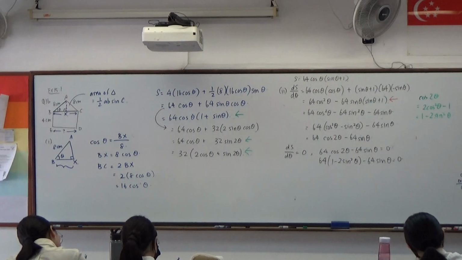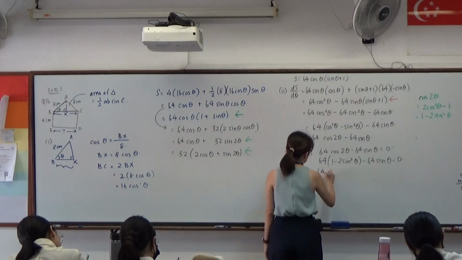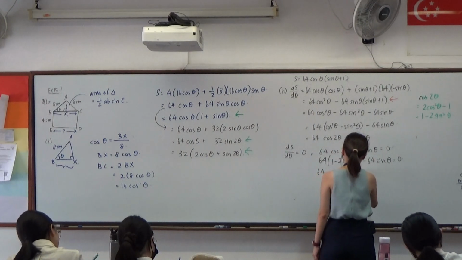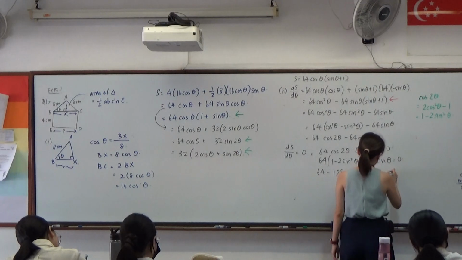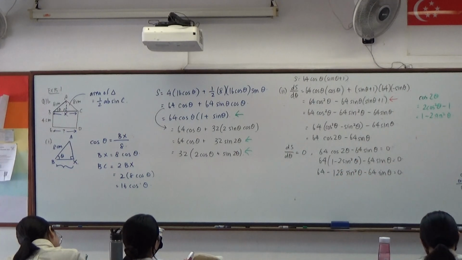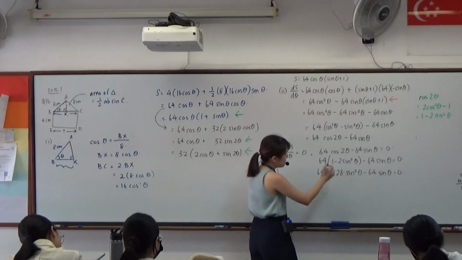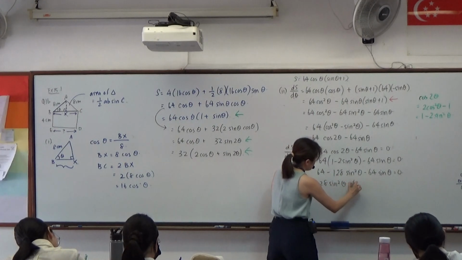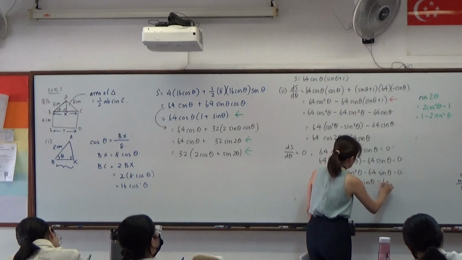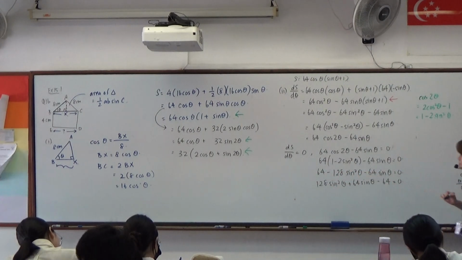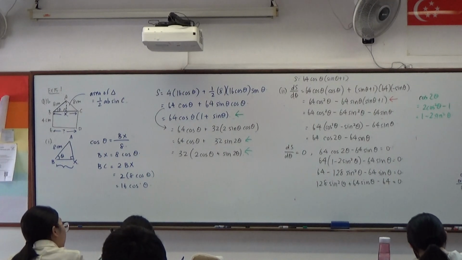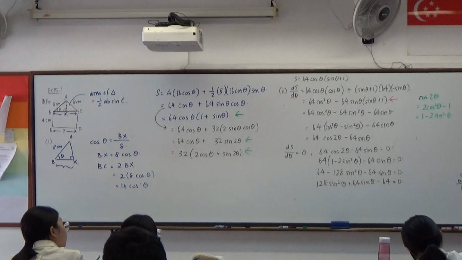Then we arrive here. I'll make everything positive by maybe shifting everything to the other side. And we have this, for which I can divide by 64 throughout.